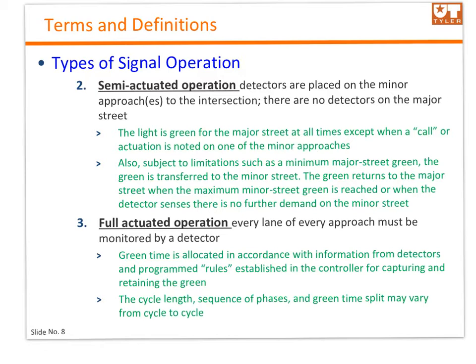So for fully actuated operation, the cycle length, the sequence of the phases, and the green time split may vary from cycle to cycle depending on the demand that we have at that intersection. So one more time, there are three types of signal operations. The first one was pre-timed, the second is semi-actuated, the third is fully actuated operation.